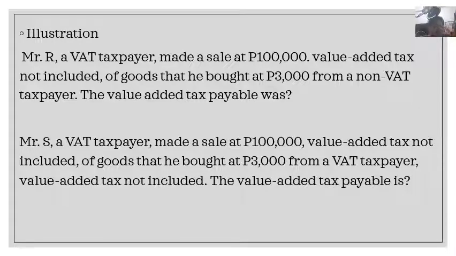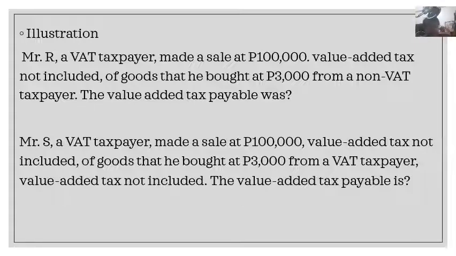VAT on sale. 12,000. Ang input tax natin is 0. Bakit 0? Kasi bumili siya ng goods sa non-VAT taxpayer. So, in that case, wala naman siyang VAT na binayaran sa kanyang purchases. So, therefore, wala siyang i-deduct na input tax. Yung input tax niya is 0. So, this time, ang VAT payable natin is 12,000 kasi walang deduction.